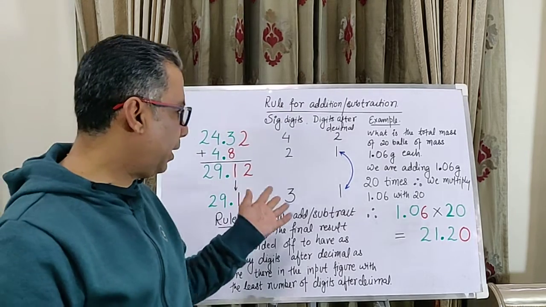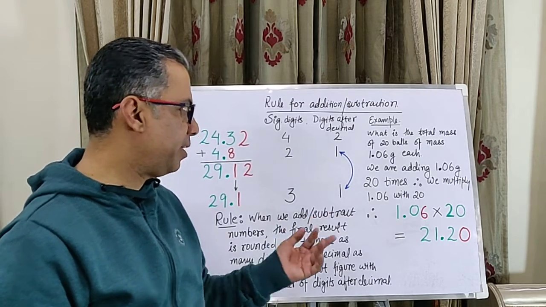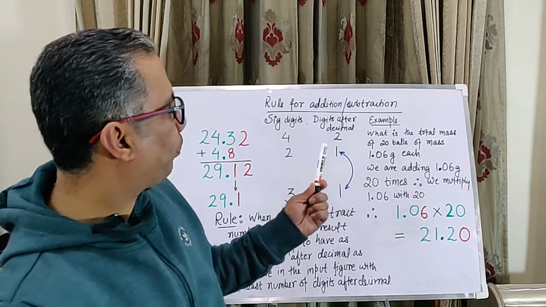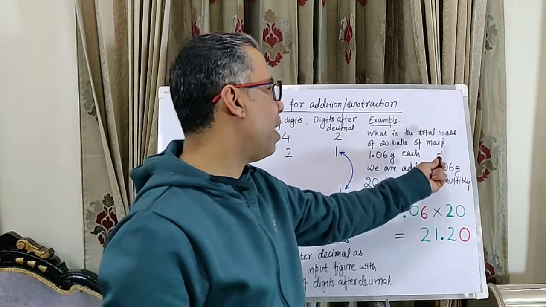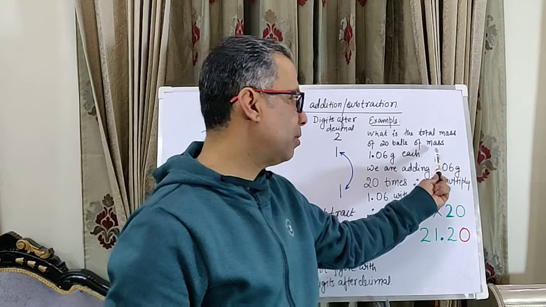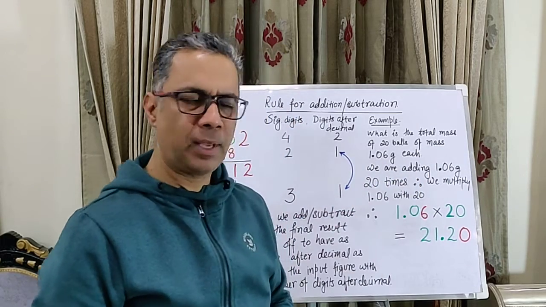Now let's take up a simple example where we do this kind of addition. Let's add up and find the total mass of 20 balls of mass 1.06 gram each.